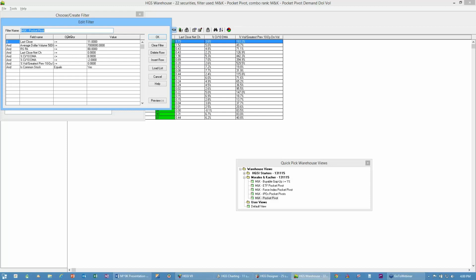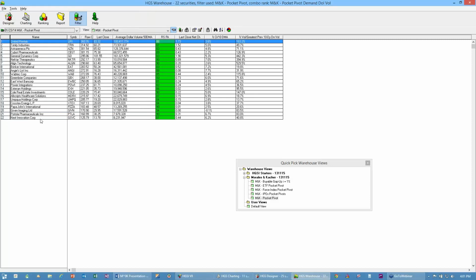And here is the key component. The percent volume divided by the greatest previous 10-day down volume has to be greater than 0. In other words, the volume has to be a lot stronger today than it has been over the previous 10 days, and then, of course, the common stock.